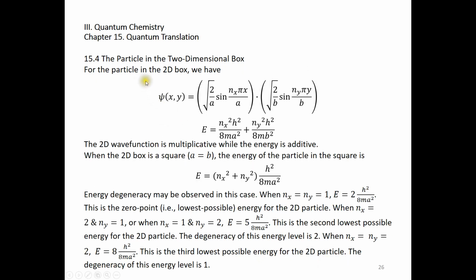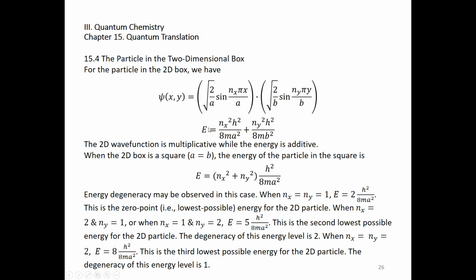Again, for the particle in the two-dimensional box, we have the wave function as the product of two 1D functions. This is a 1D function in the x direction. This is a 1D function in the y direction. What about the energy?